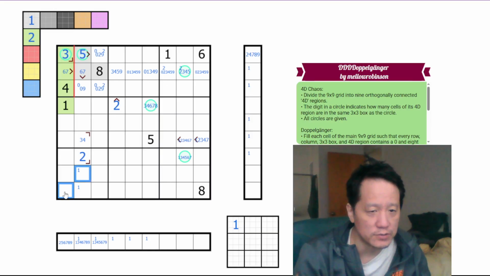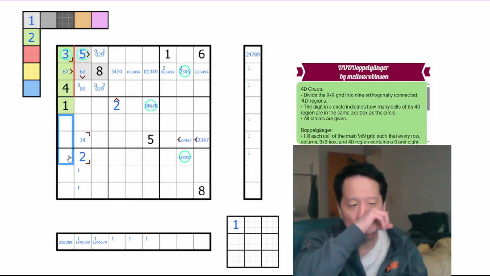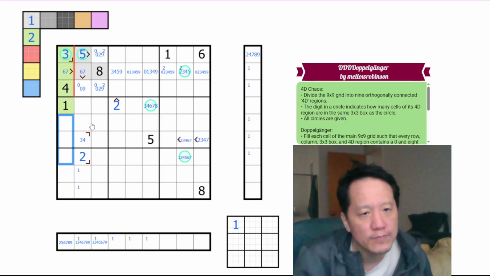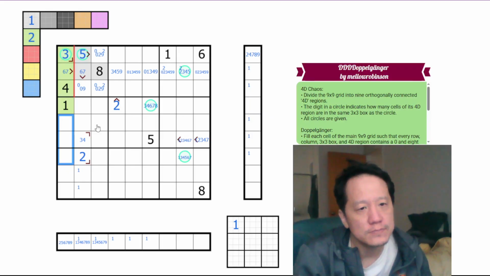And you'd have 2 zeros in the same box, which is not allowed. So green cannot go full here. I don't even know if it can go to there. Well, maybe. Possibly.